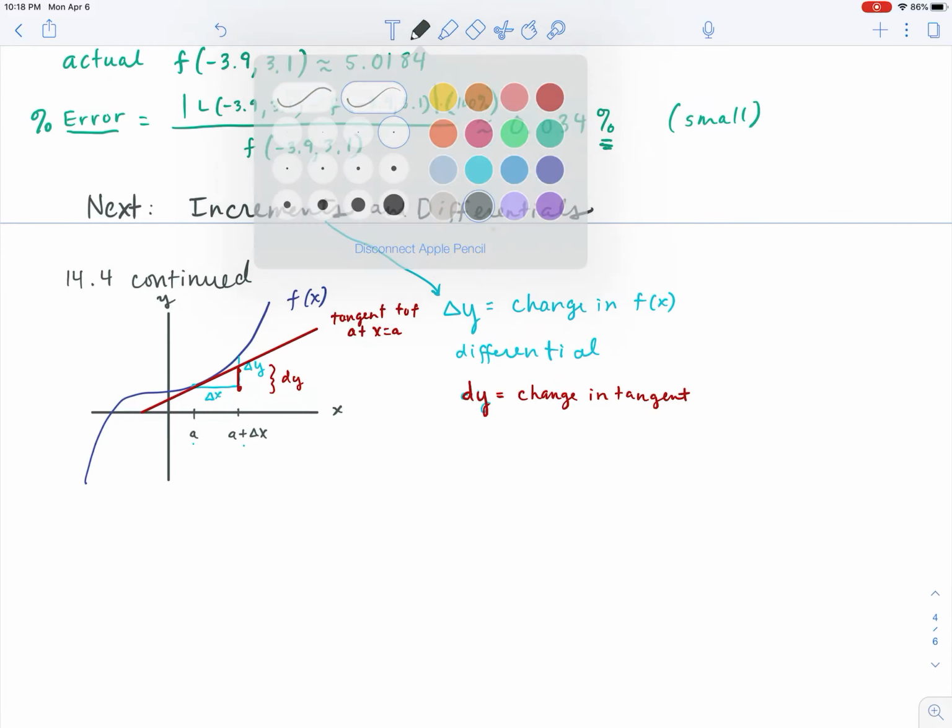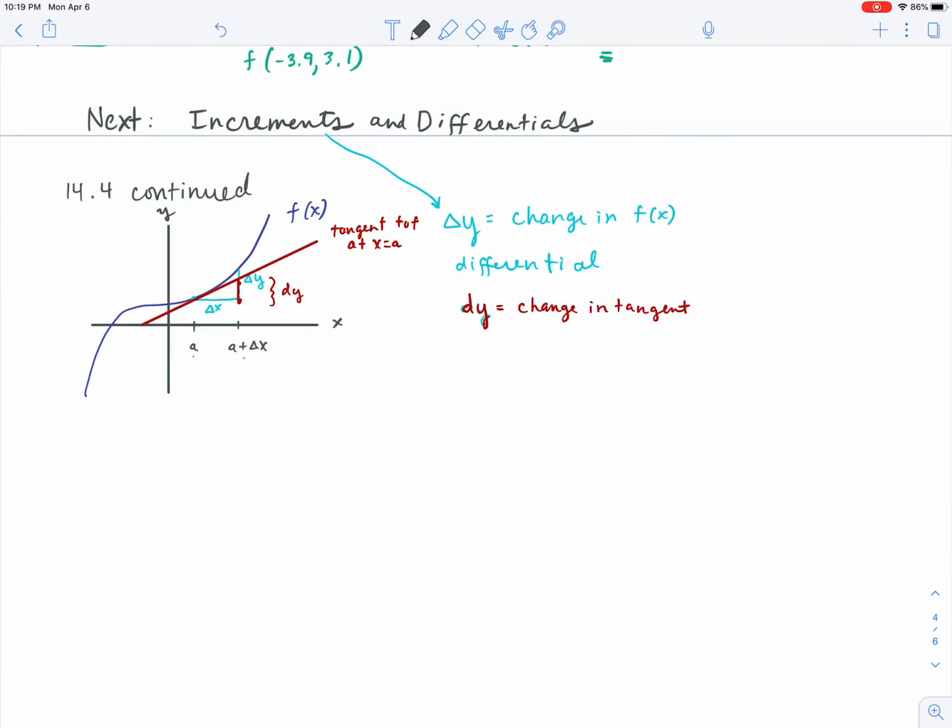Now, we use differentials to calculate error. But before I do that, let me just say one more thing here. Change in y over change in x is the average slope of the curve. And dy/dx is the slope of the tangent.